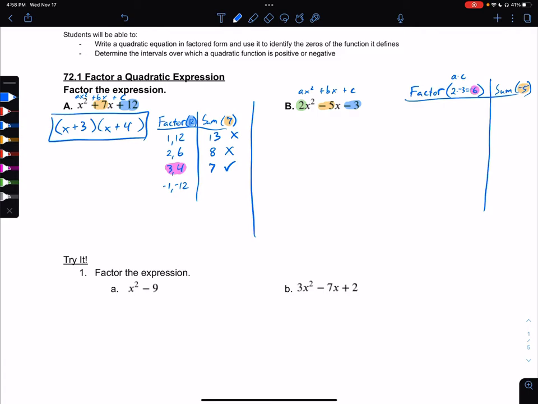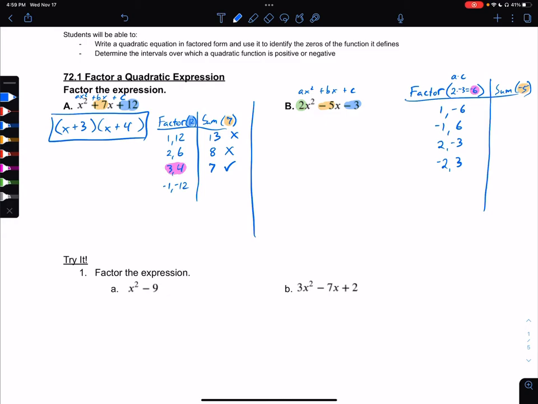As you get better and more familiar with this, you'll learn some tricks and shortcuts on what type of factors you should be listing. But for now, I'm going to list them as 1 times negative 6, negative 1 times positive 6, because both of those will get us negative 6, 2 times negative 3, and negative 2 times 3. Those are all my possible factors.